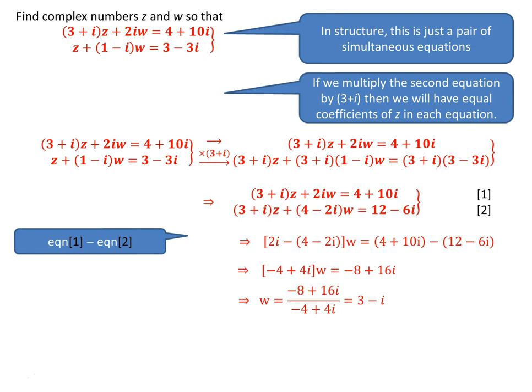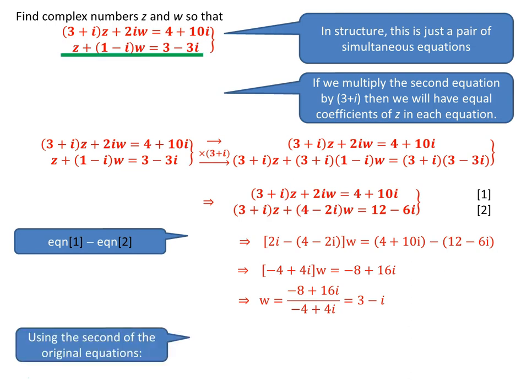and if we go right back at this stage to the second of the original equations, we'll be able to find the value of z fairly easily. So the second of the original equations tells me that z must be 3 minus 3i, take away 1 minus i times w.